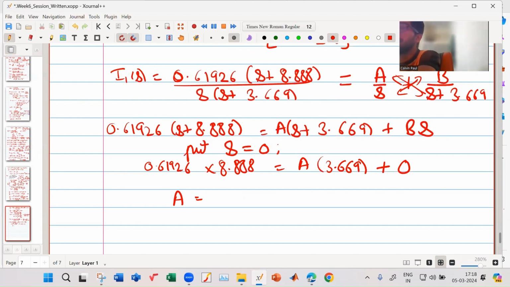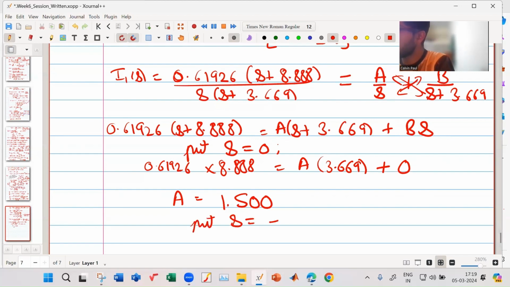I will get A to be 1.500. Is there any doubt in this step? No, sir.